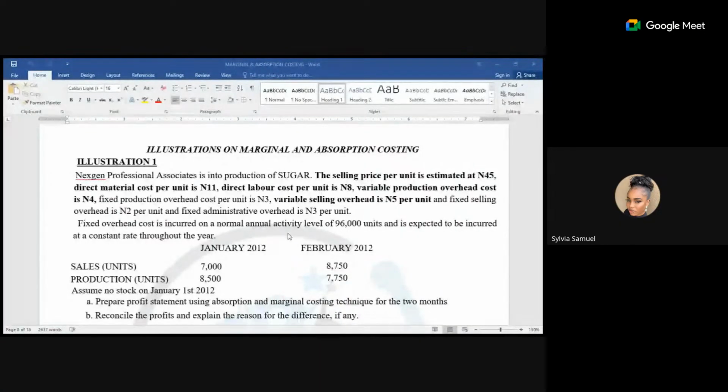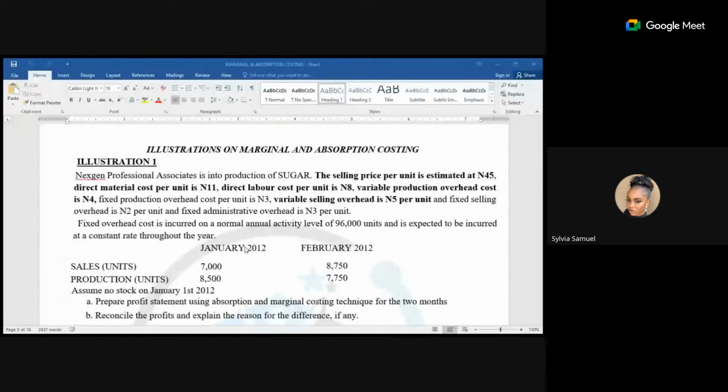For absorption costing, we use both the variable cost and the fixed cost together, since we are apportioning costs based on the full costing method. It's also known as the traditional or conventional costing method. Then we talked about the OAR, the overhead absorption rate, and how it is calculated: budgeted overhead over the budgeted activity level.